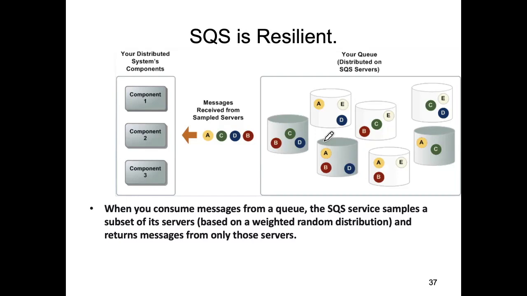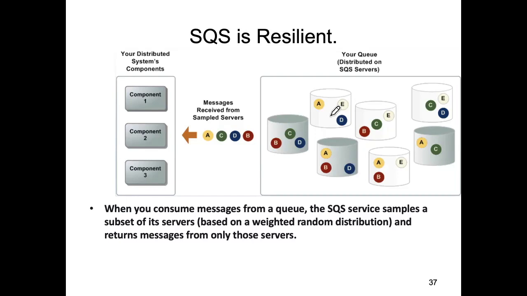Now, if you study it, every server does not have a copy of every message. It only has some of the messages, and AWS SQS takes care of how it distributes copies of a message using some sort of algorithm.